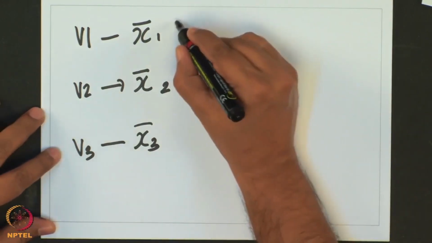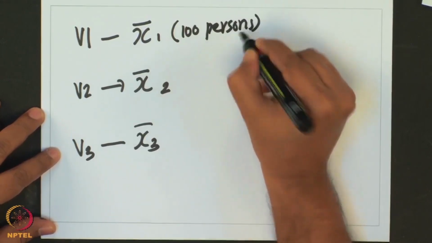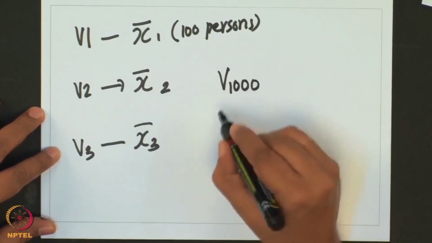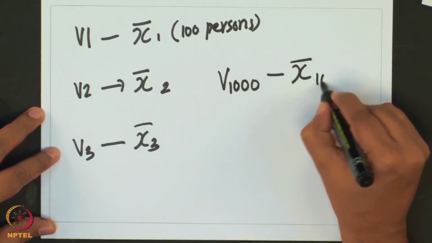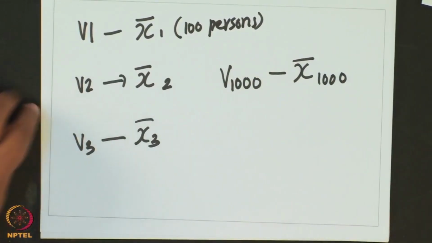Similarly, the 1000th volunteer will have a mean value x bar 1000. So 1000 volunteers met 100 individuals each and collected vitamin D levels, and each calculated a mean value. So we have 1000 mean values.